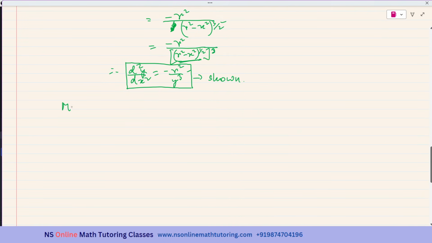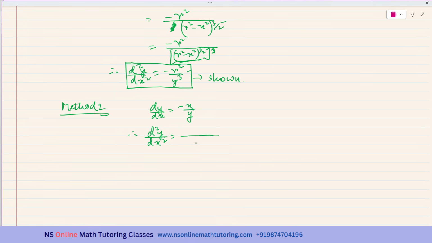So method 2. dy by dx is equal to minus x over y. So therefore d2y by dx square is equal to the denominator, v is equal to y, so the denominator will be v square or y square, and the numerator is u prime v, u prime is negative 1 times v is y, and minus u v prime.